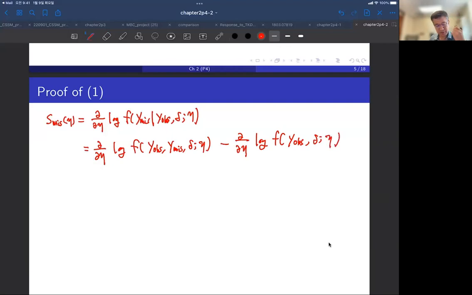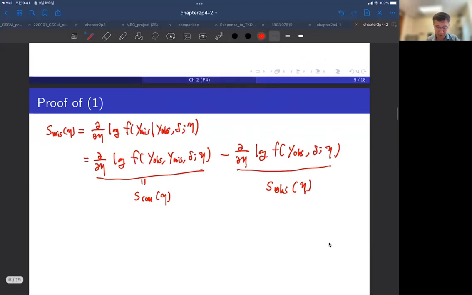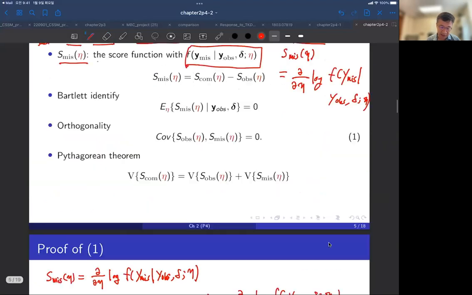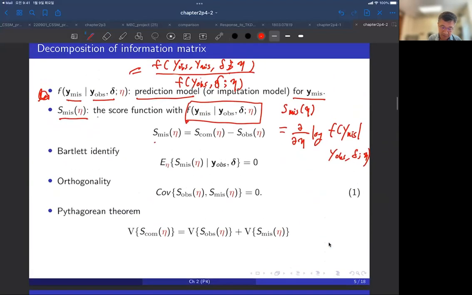This is called S com because it's the complete data score, and this is called S observed because it's a score function derived from the marginal distribution of the observed data.